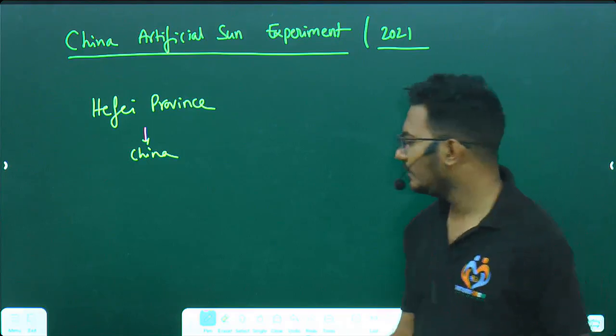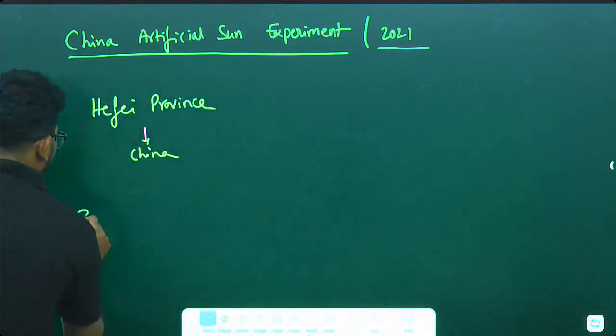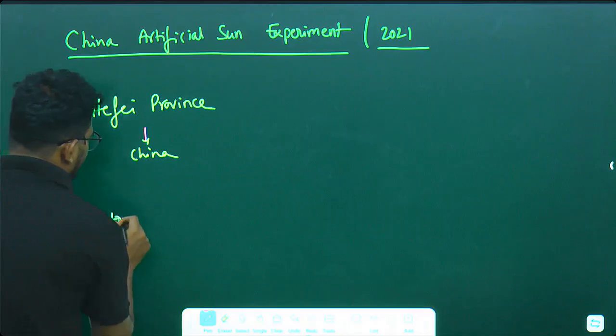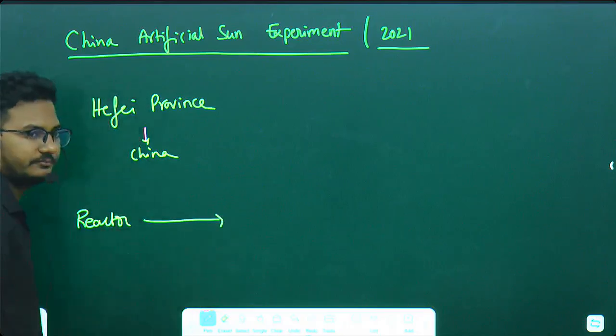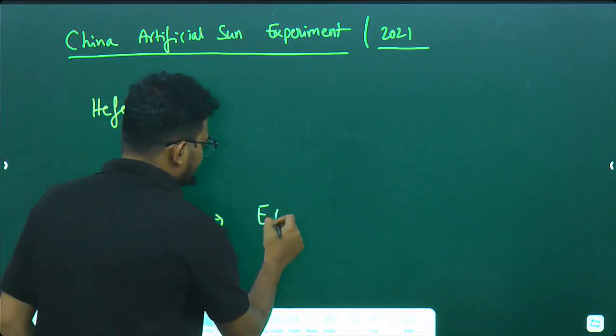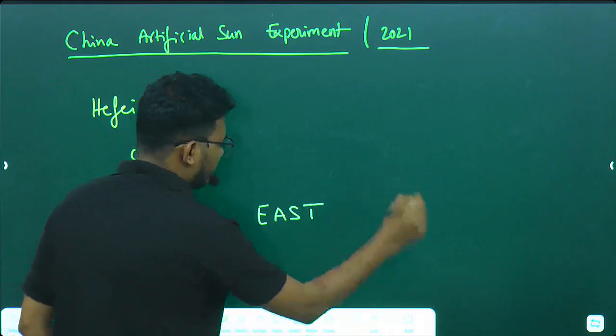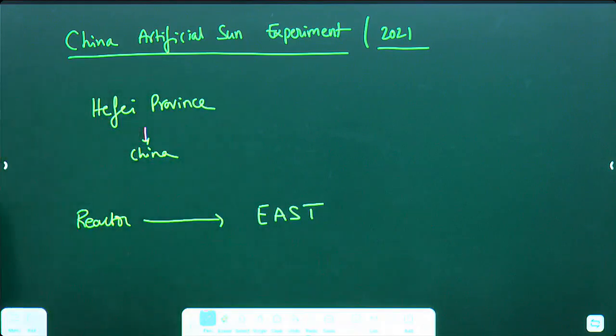Simple. In your examination they'll ask you the name of the reactor. The reactor name is EAST. Write down EAST.